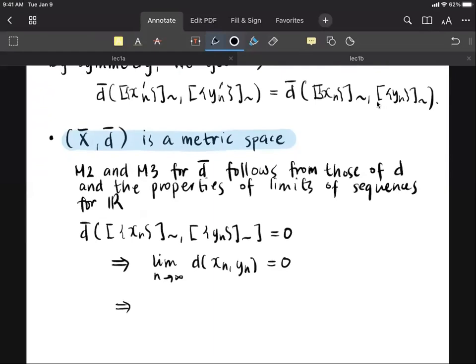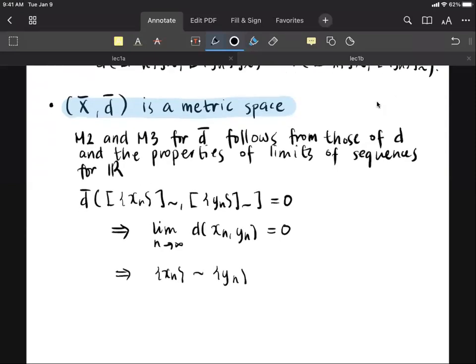But recall that this is actually the definition of the equivalence relation tilde. And therefore, take note that two equivalence classes are the same if the corresponding representatives are equivalent. And in fact, this is also valid in the other direction. Therefore, d bar is definite on X bar.